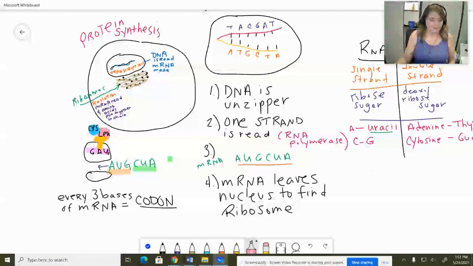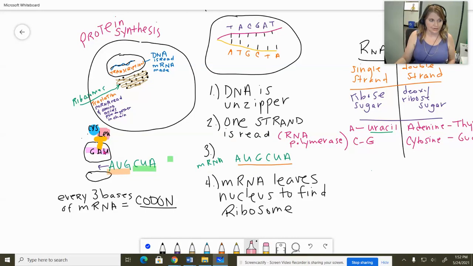When it finds a ribosome, it is fed through the ribosome and it is read 3 bases at a time. Every 3 bases is called a codon, and each 3 bases is going to code for a specific amino acid. A molecule known as tRNA, or transfer RNA, contains an amino acid on one end and an anticodon on the other end.